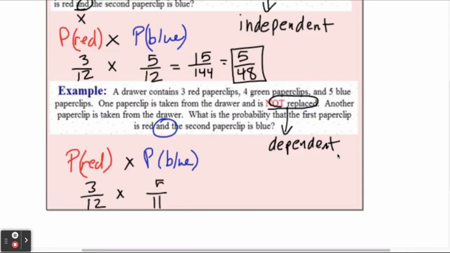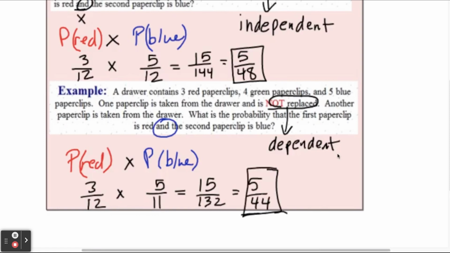Now, I still have 5 blue paper clips, so my numerator doesn't change, just my denominator. Again, multiplying fractions, you multiply straight across the top and straight across the bottom. Always simplify if you can, and this actually does simplify. It divides by 3 again. You get 5/44 as your probability.